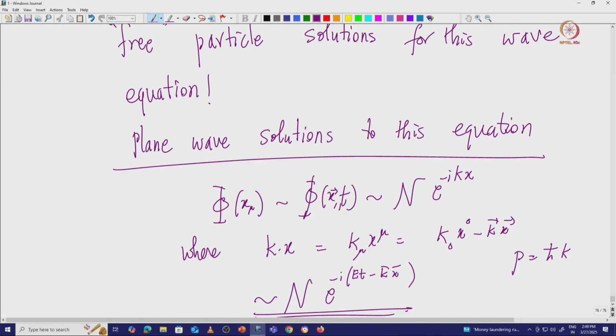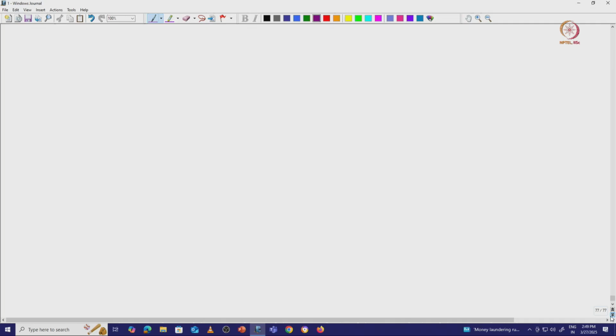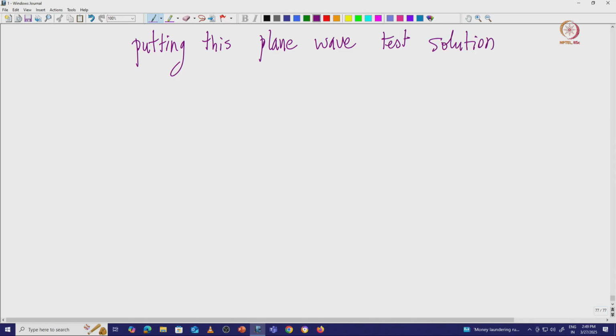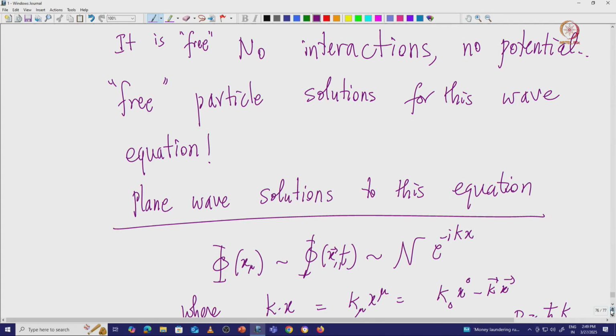Now let me put this back into the wave equation, putting in this plane wave test solution. This is now a test solution. So I say that this equation should have plane wave solutions, where the n I wrote here is nothing but a normalization factor.